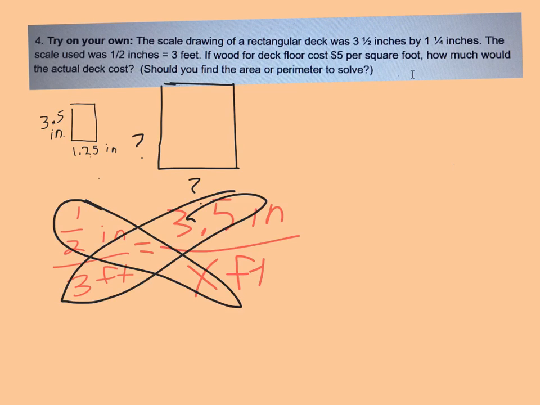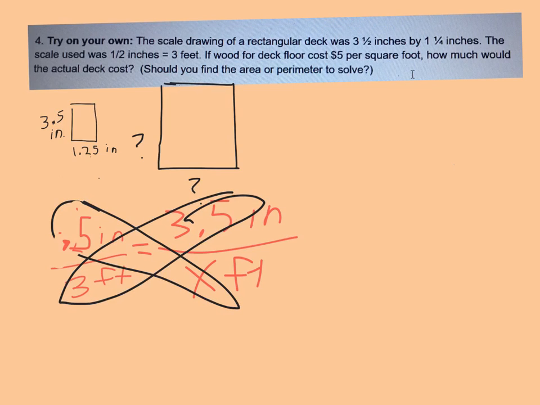And I'm actually going to change 1/2 to 0.5 to make it easier. But you can keep that as fractions if you want to. All right, so 0.5 times x is 0.5x, or 5/10 times x is 5/10 x, equals 3 times 3.5, and that is 10.5. So now I need to just solve for x.